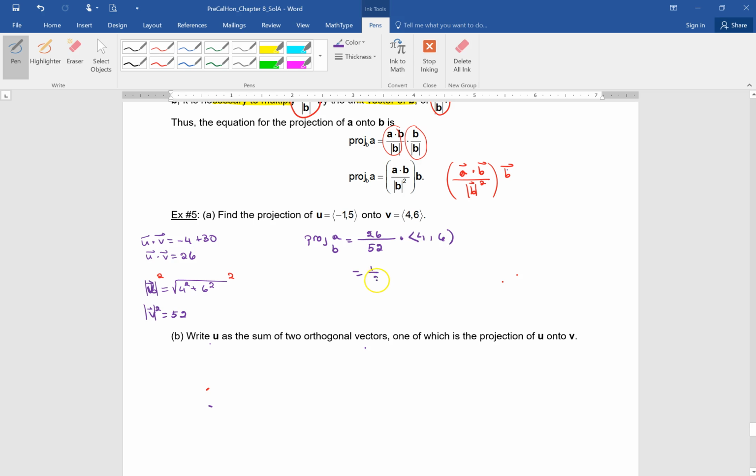So this is 1/2 times 4, 6, which is 2, 3. That's the projection.